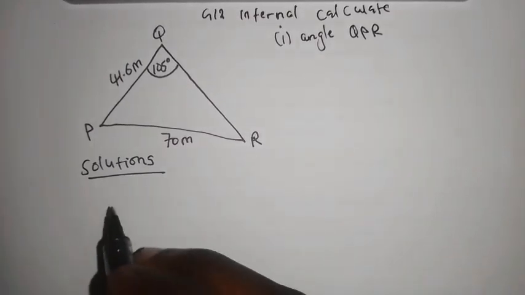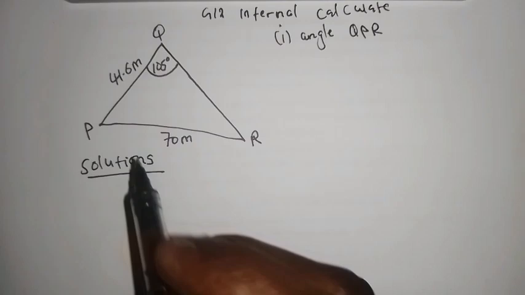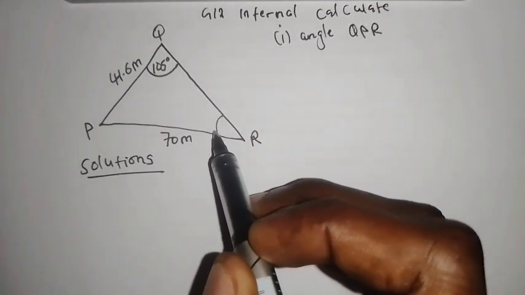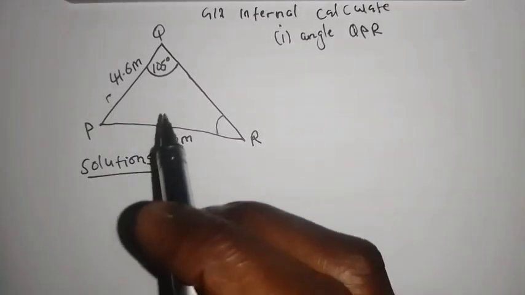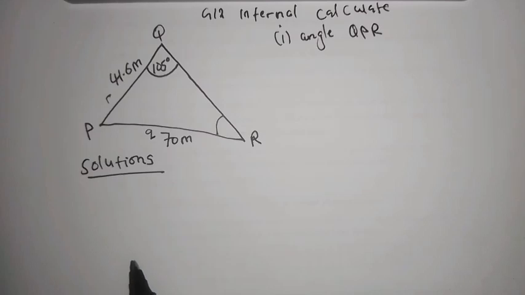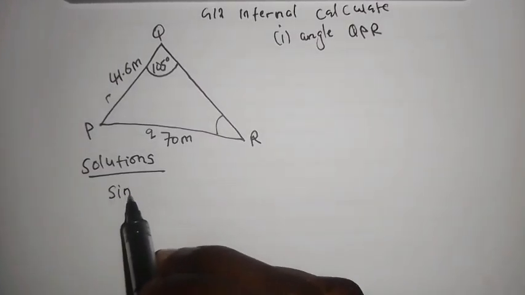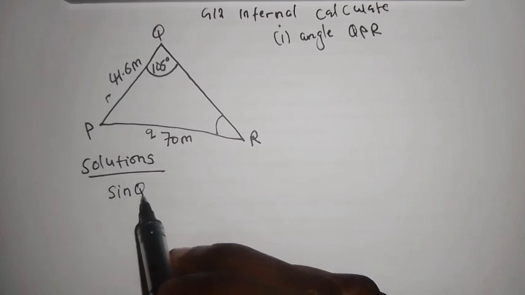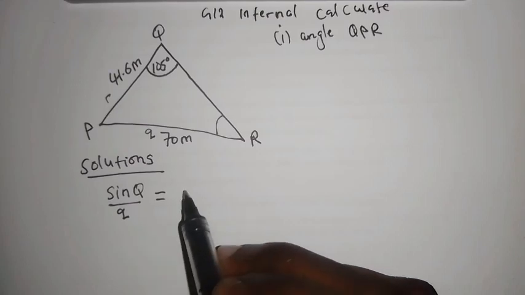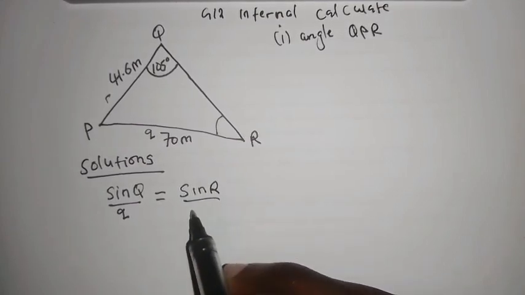So we can now do the following. The opposite of this angle R is small r, and the opposite of angle Q is small q. So what you're going to say is sine Q over small q is equal to sine R over small r.